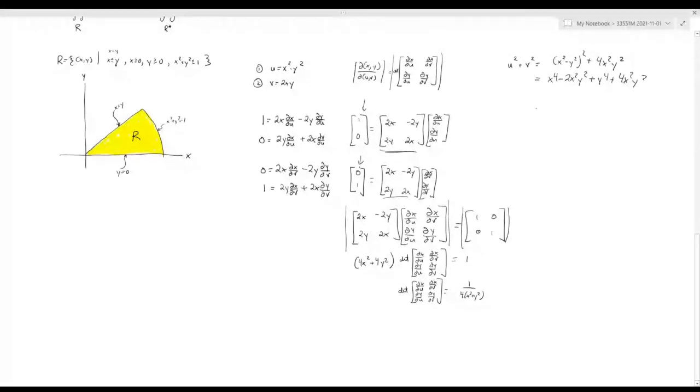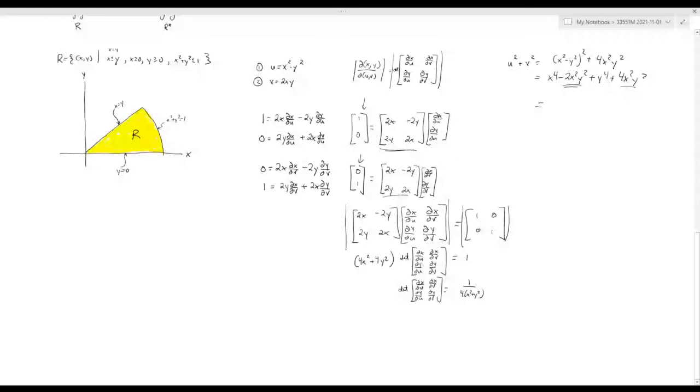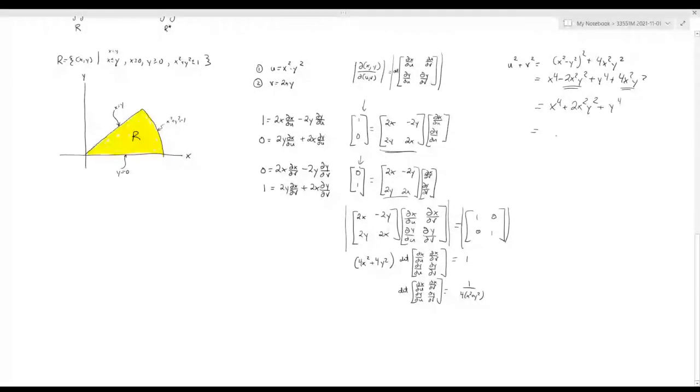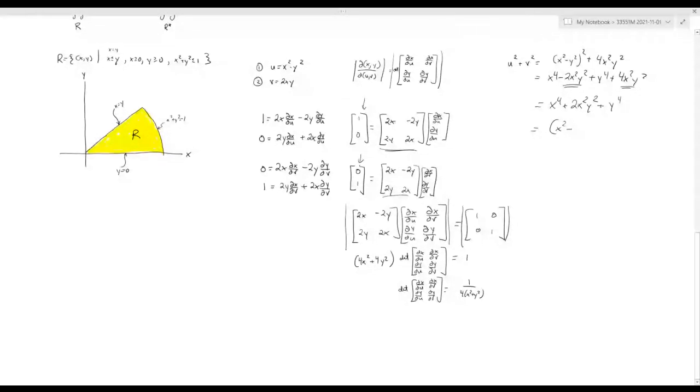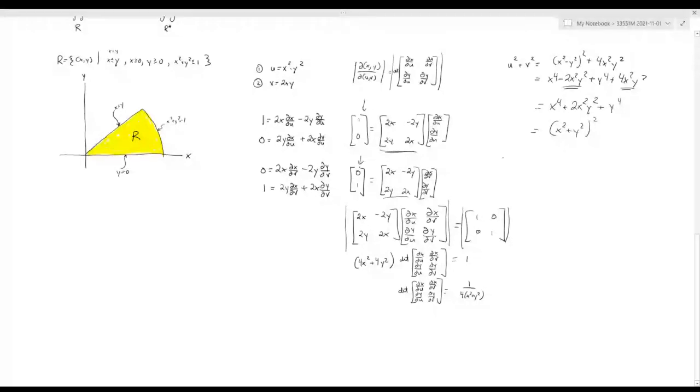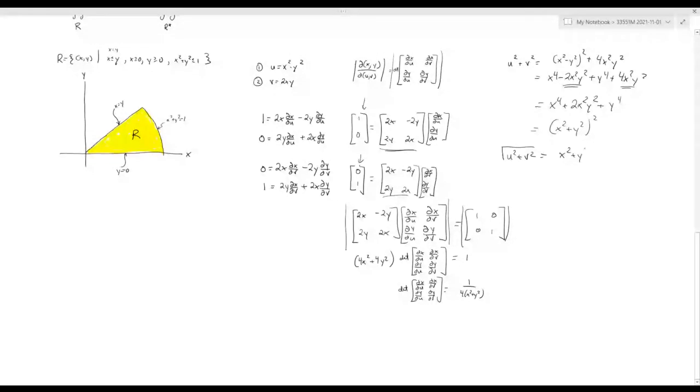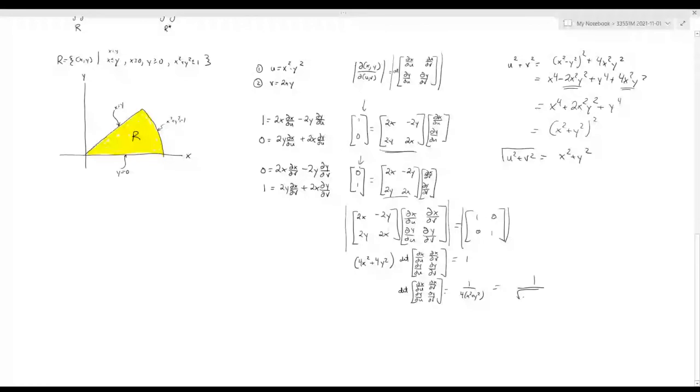Combining these two like terms, we can in fact now factor to x squared plus y squared, squared. So this tells me that the square root of u squared plus v squared is x squared plus y squared. So we can think of this determinant as 1 over the square root of u squared plus v squared.